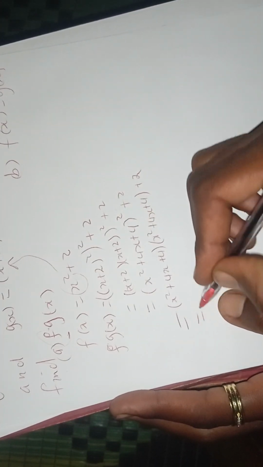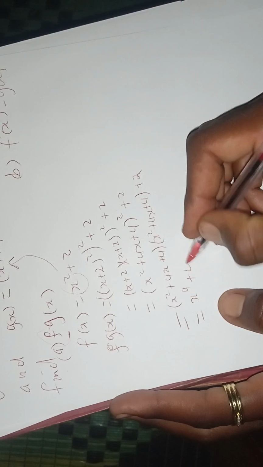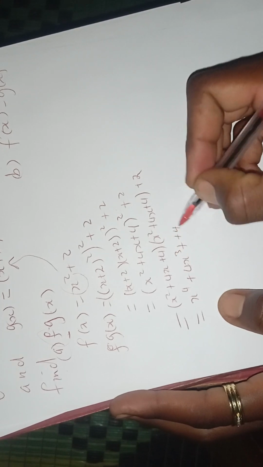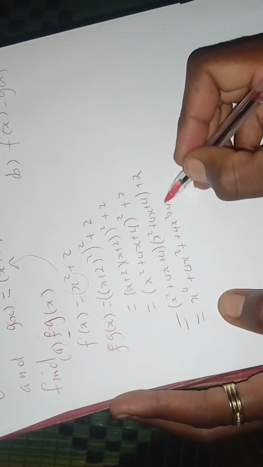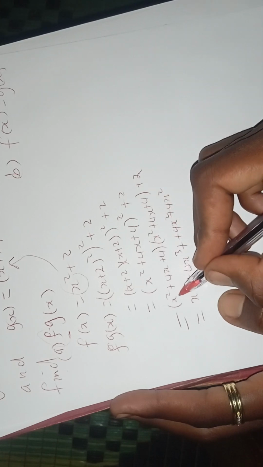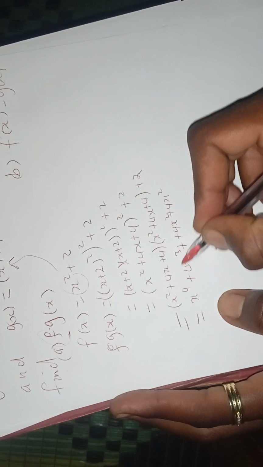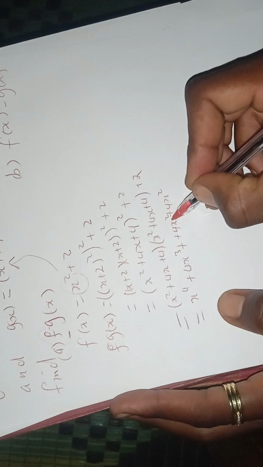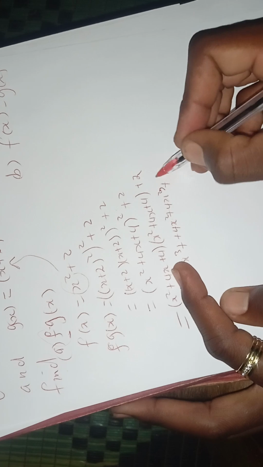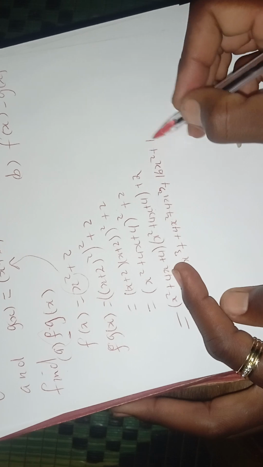So this means we'll get x squared multiplied by x squared, x to the 4, plus 4x cubed, plus 4x squared, plus 4x cubed, plus 16x squared, then plus 16x.